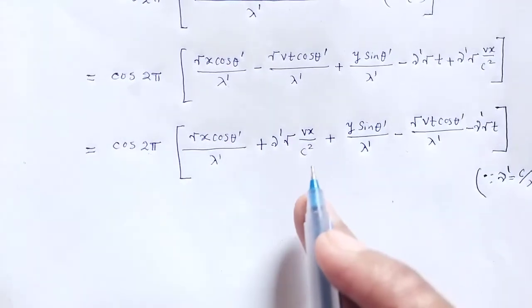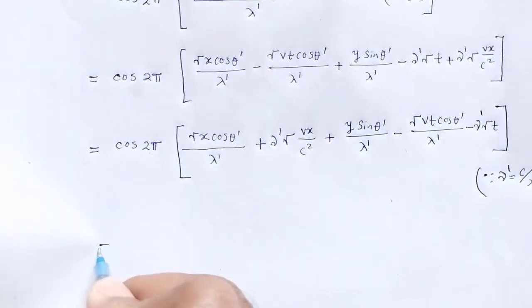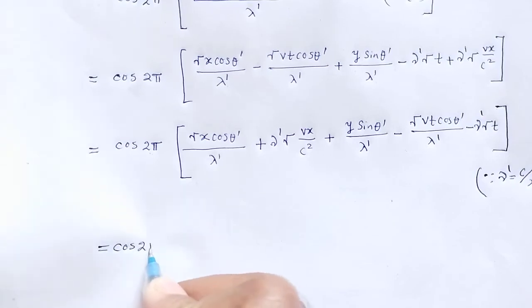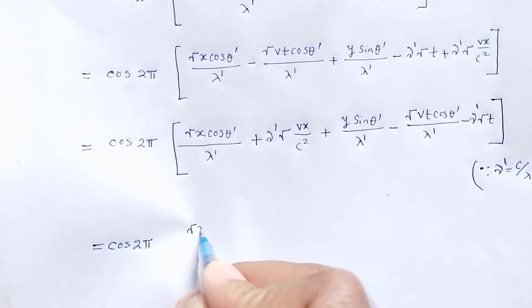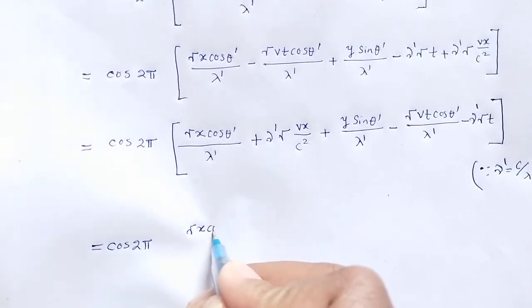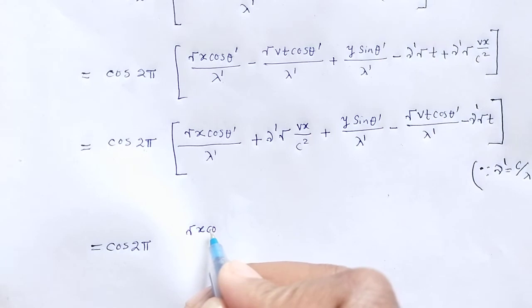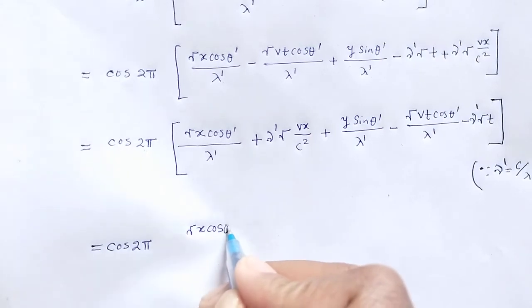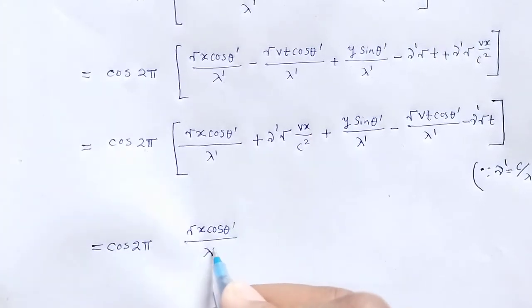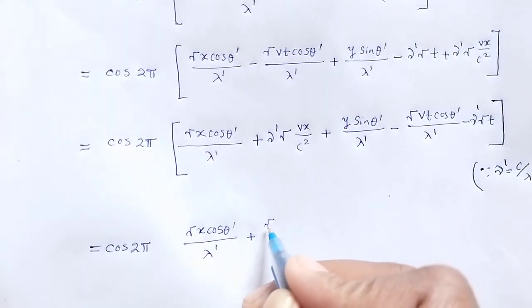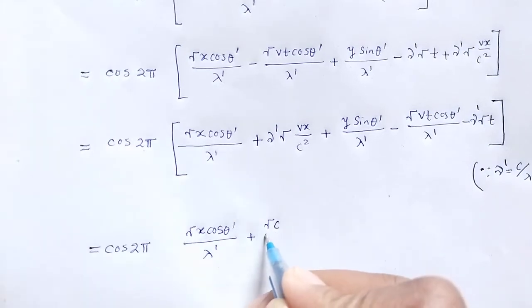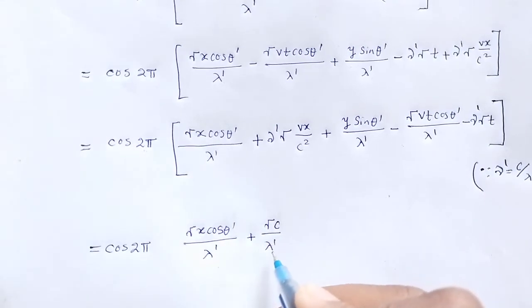Here we put cos 2 pi of x gamma cos theta dash by sigma dash lambda dash plus gamma c by lambda dash.